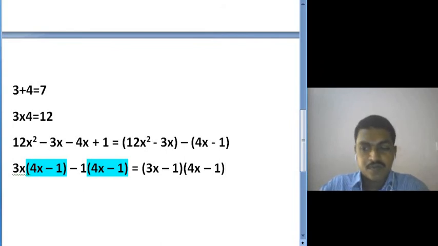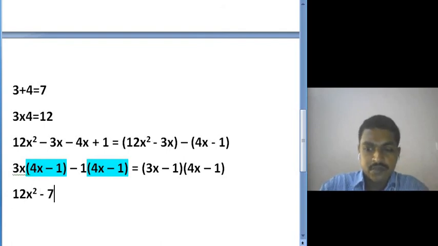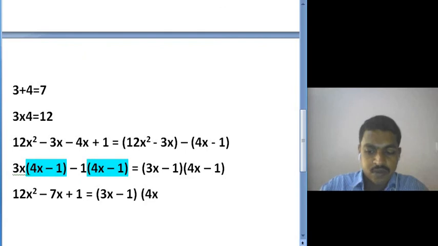So you got 12x square minus 7x plus 1 equals 3x minus 1 times 4x minus 1.